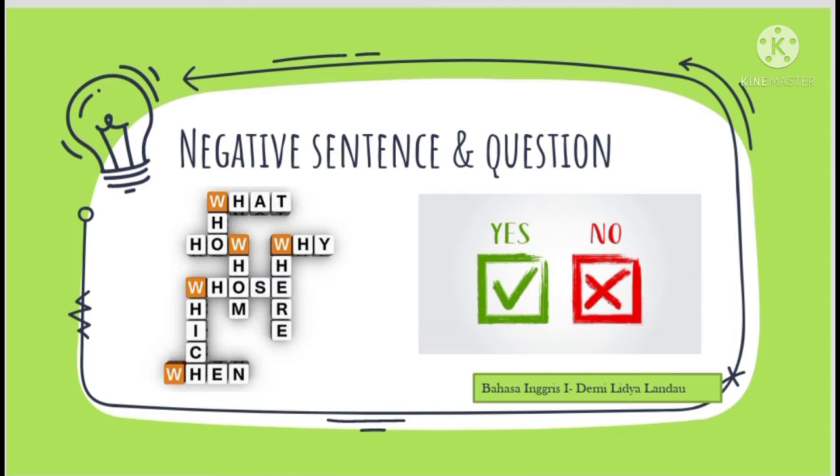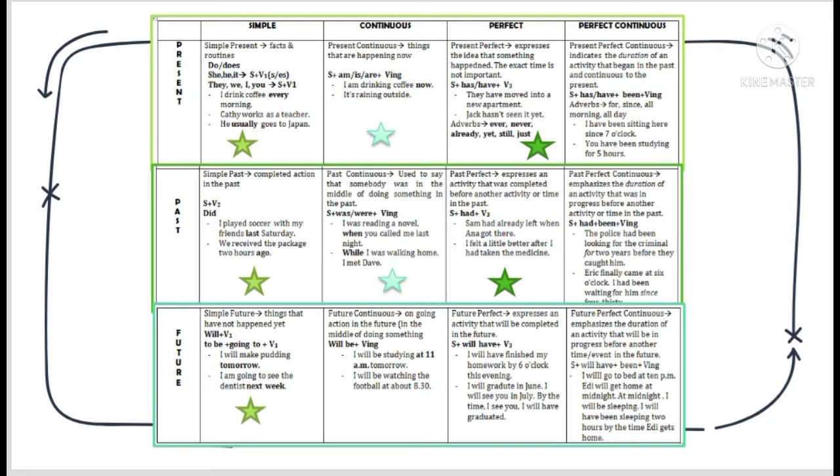Now, on this occasion, we are going to talk about negative sentences and questions. Well, let's get started. Last meeting, we talked about several tenses, right? Including simple present, simple past, simple future.